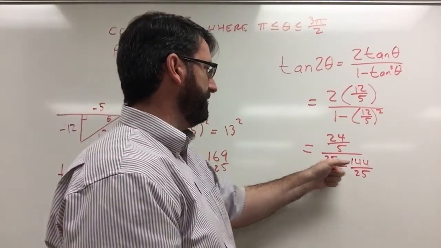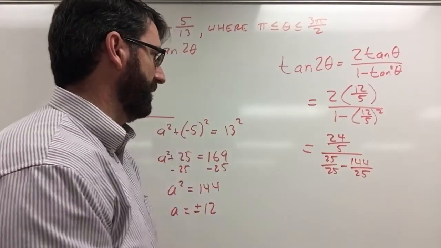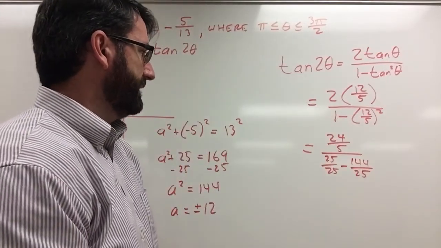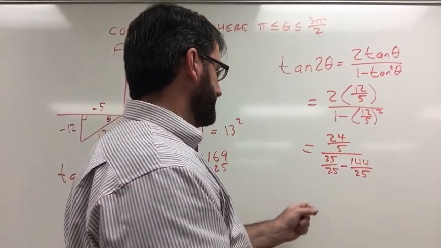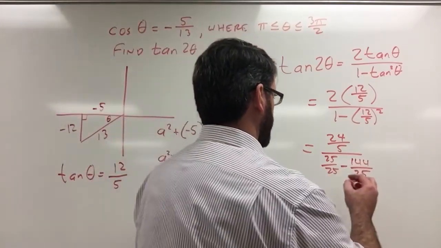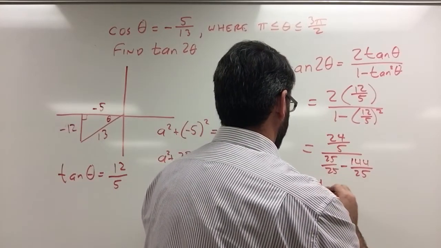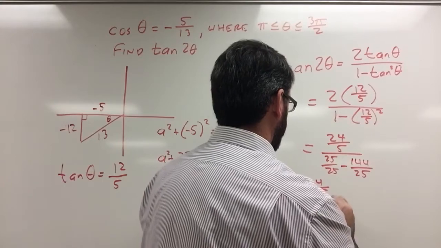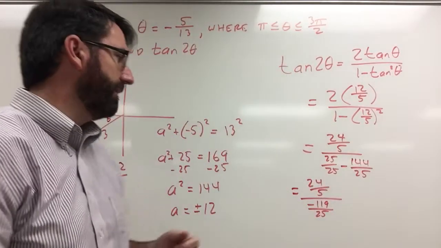Okay, so 25 minus 144 is negative 119. So we get negative 119/25. So we have 24/5 divided by negative 119/25.